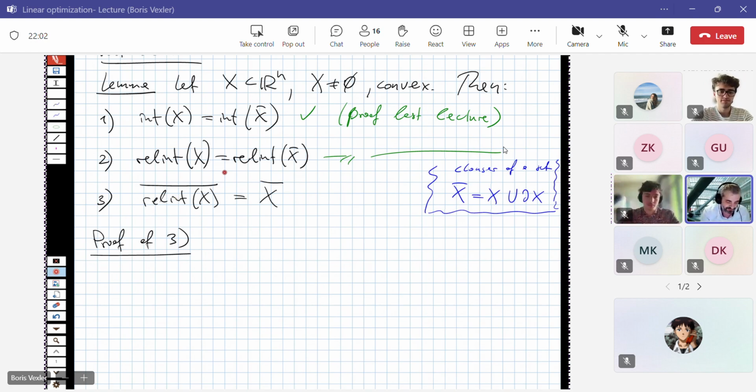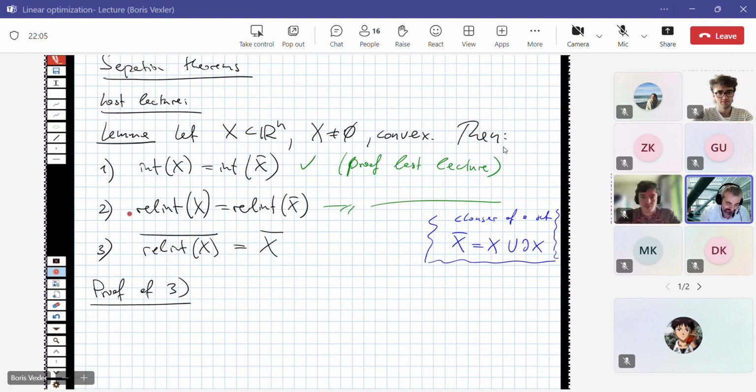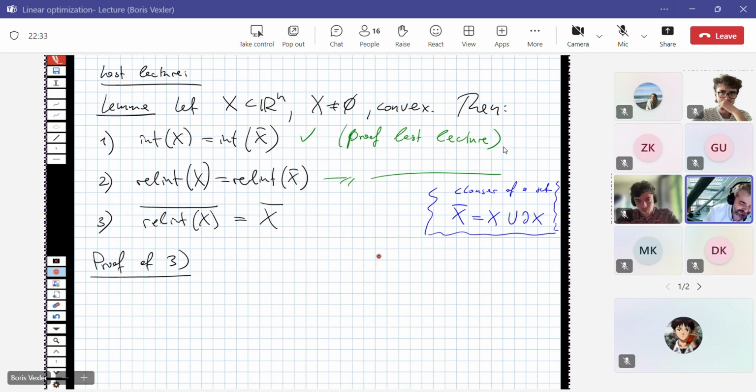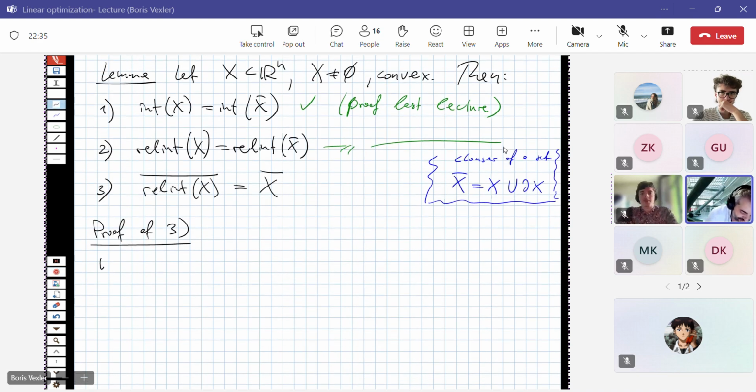The logic was that if you try to work with relative interior, then we consider the affine hull of X, and then we consider a linear mapping between Rn and the affine hull of X. Of course, all things happen in this affine hull, and then it is enough to prove things just in this affine hull. This is more or less the logic. Let us describe it more precisely. The logic was as follows.